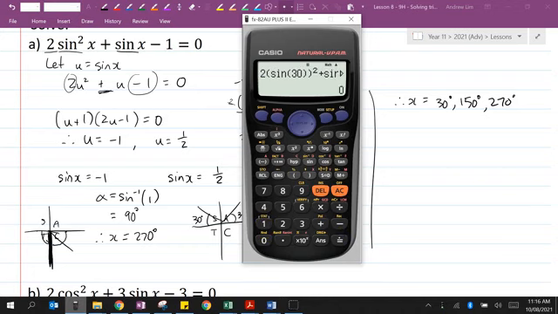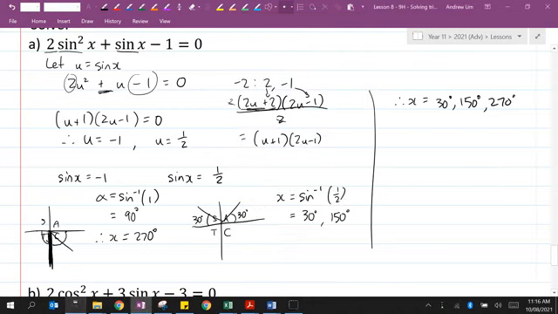Yep, it gives us 0, so we know that's correct. We can check it with 150 as well. Yeah, that's equal to 0. And 270 is going to give us 0 as well. Okay, and that's it for that one. If you want to put it in radians, you can. I won't do that here.